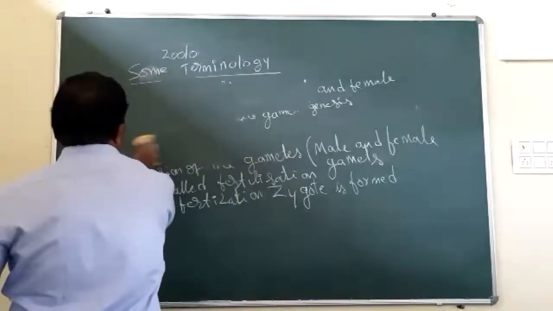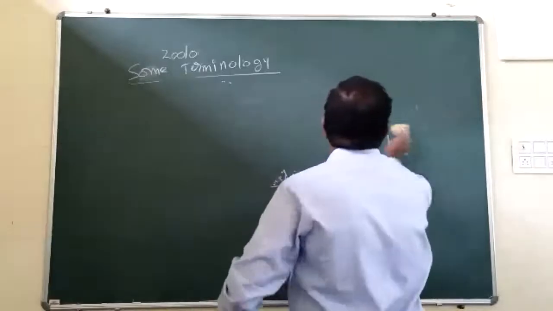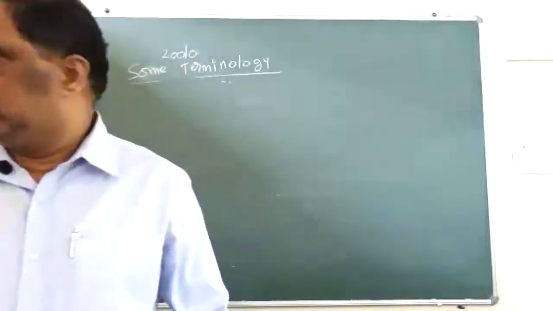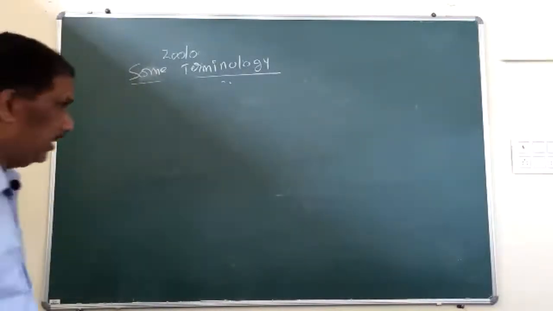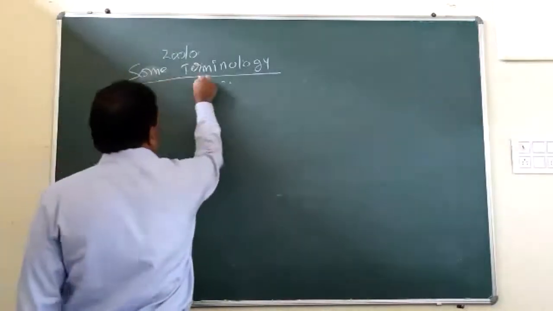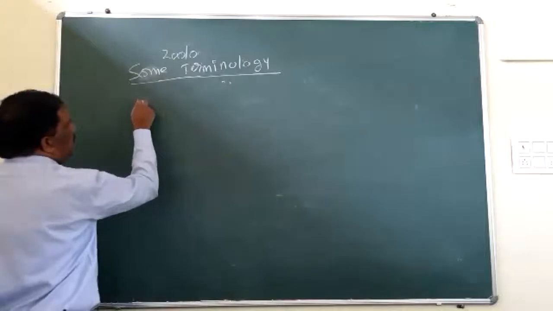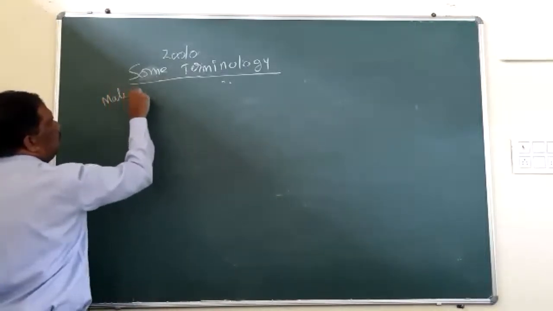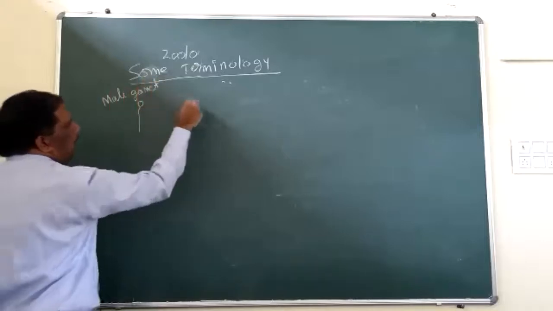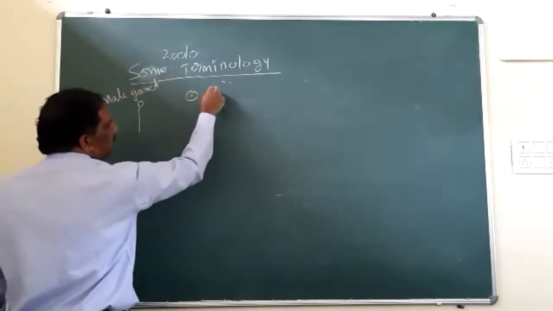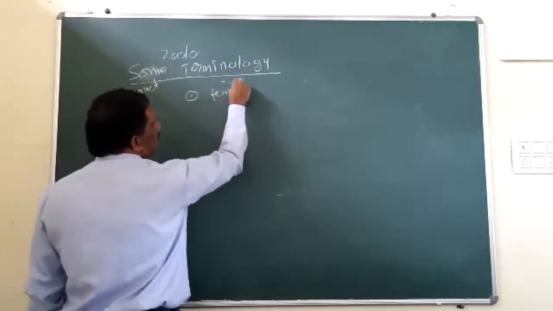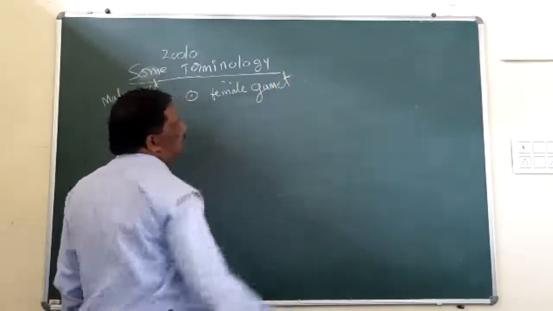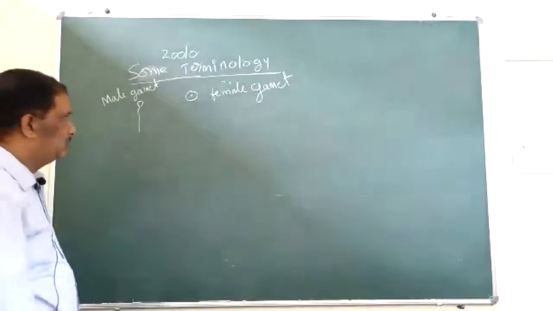So this is the male gamete, and here it is the female gamete.